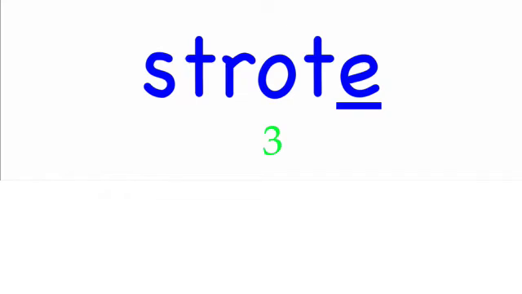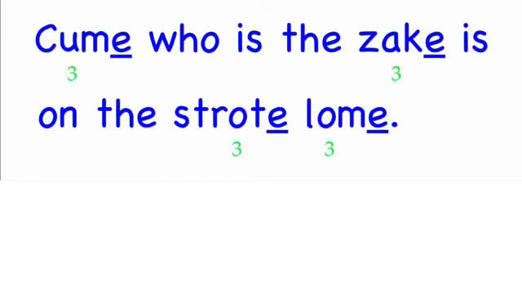Loam, three sounds, L, O, M. Cume, who is the zake, is on the strote loam. Now, when U in the first word represents its first long sound, you don't make any special mark to it. It's only when U represents its second long sound that you would double underline the U to indicate it's representing its second sound.